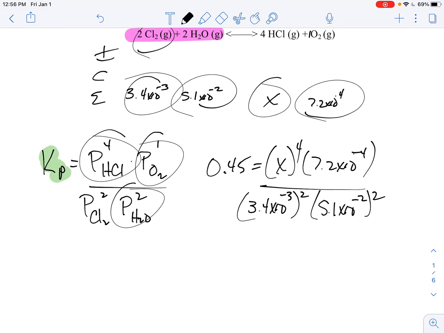2 squared. So all you have to do now is take this very ugly looking situation that you have, and figure out what the X value is, then you should have that. Let's see, I think it's this one. Make sure I get my numbers right.